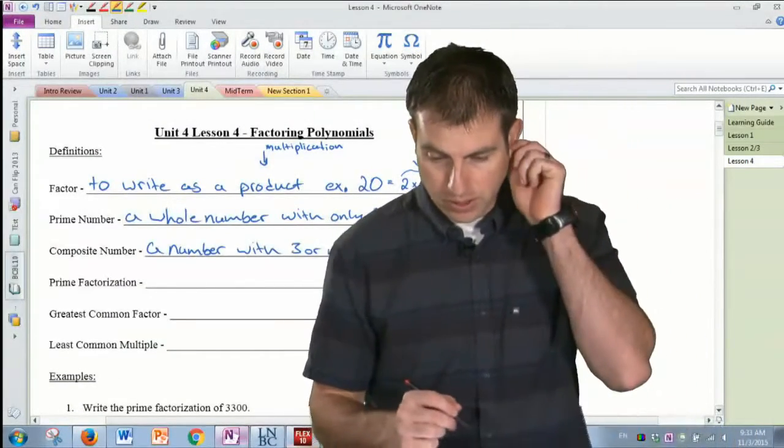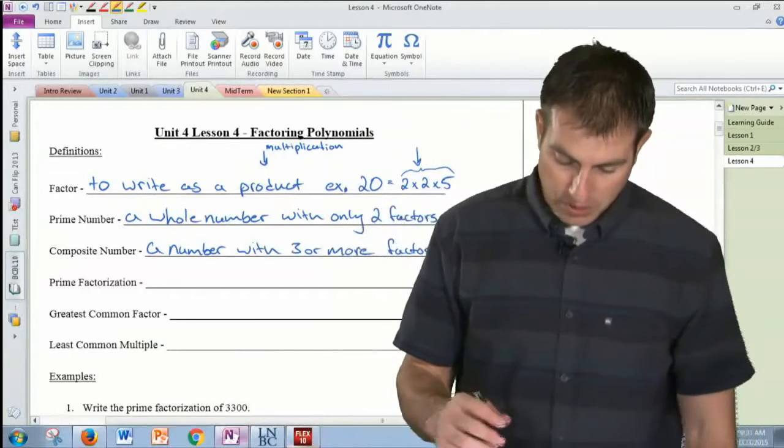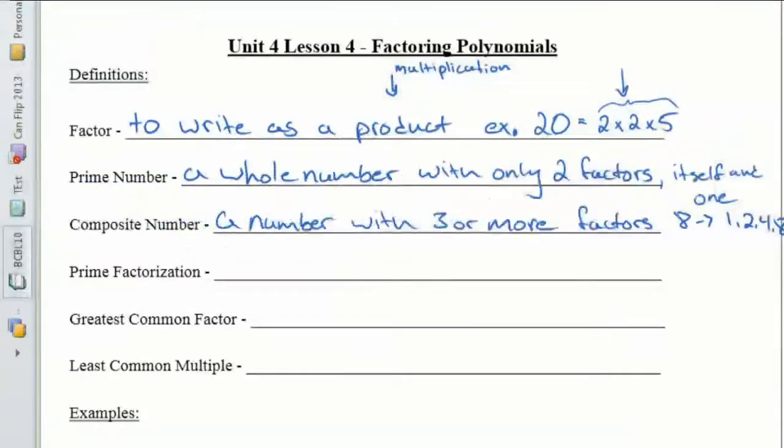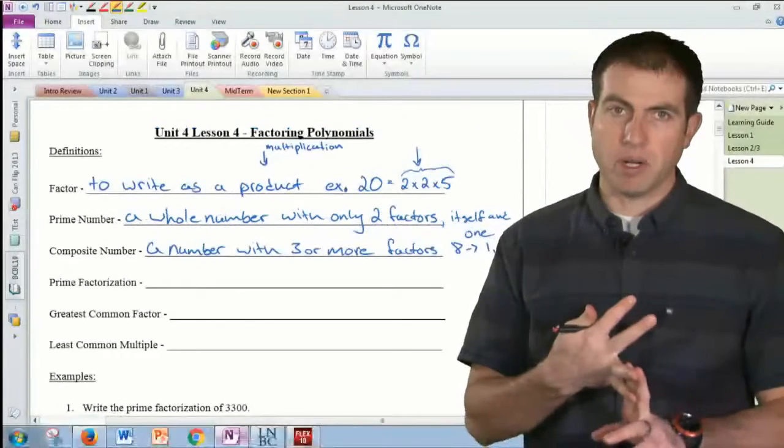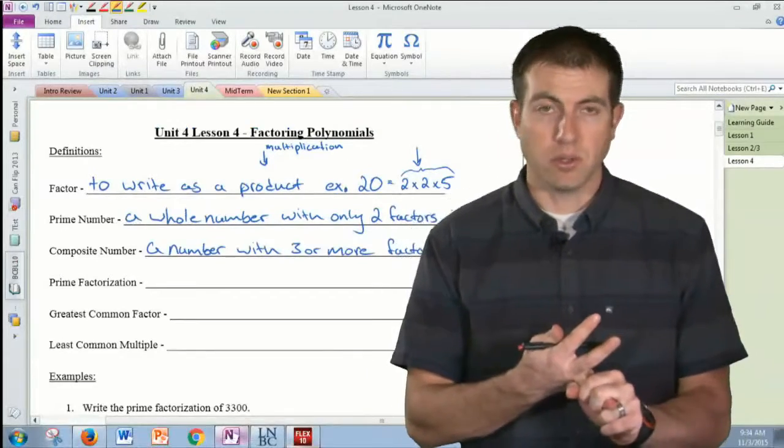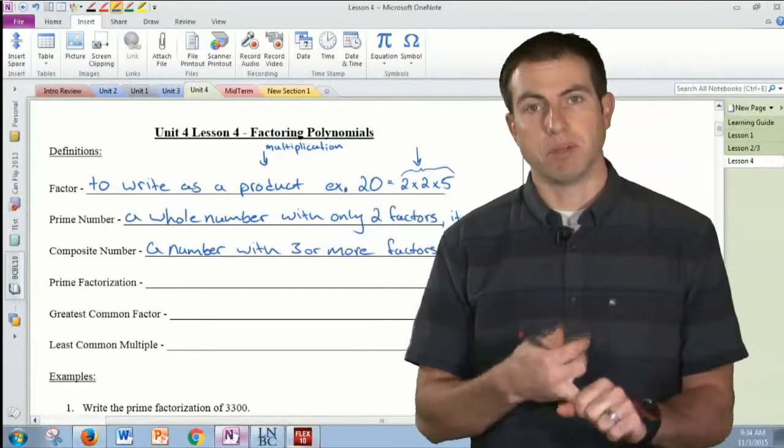Prime factorization is something we're going to do actually today. This is kind of what it sounds like. We're mixing two definitions together, factor and prime numbers. So a prime factorization is breaking a number down into its prime factors.